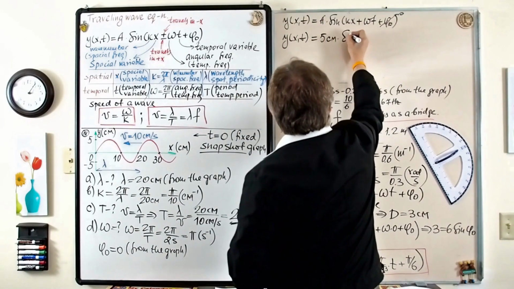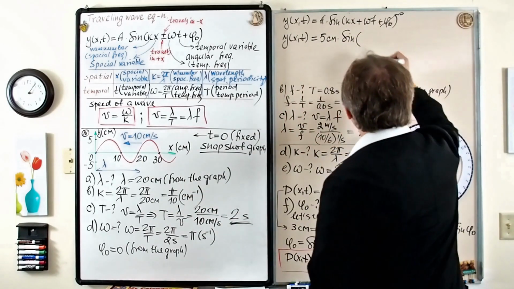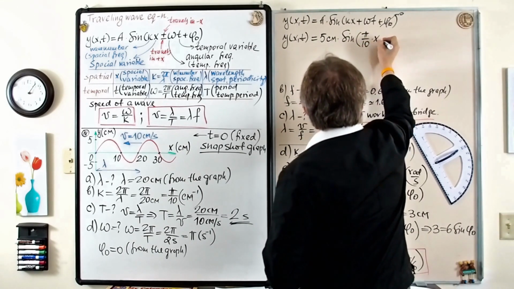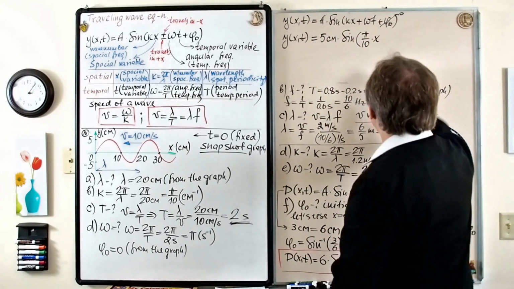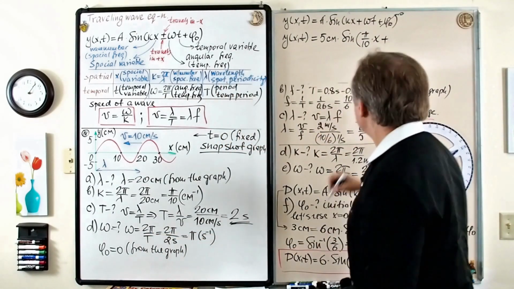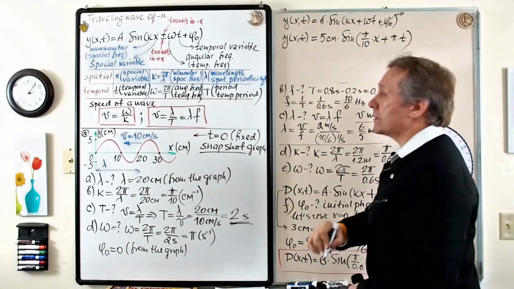centimeters times sine k. Where is my k? Pi over 10 times x, right? Then plus omega. Where is omega? Omega is pi times t, and that's it.